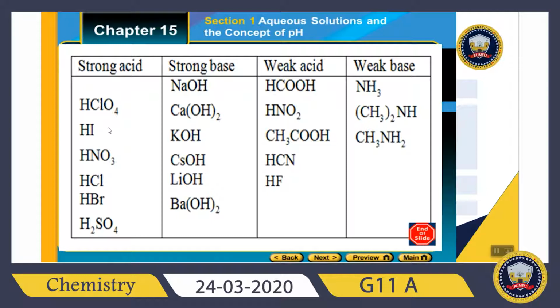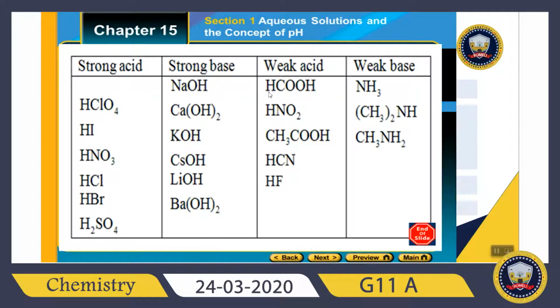HI is a strong acid, HNO3 is a strong acid, HCl is a strong acid, HBr is a strong acid, H2SO4 is a strong acid. Strong bases like NaOH, calcium hydroxide, potassium hydroxide, cesium hydroxide, lithium hydroxide, and so on.